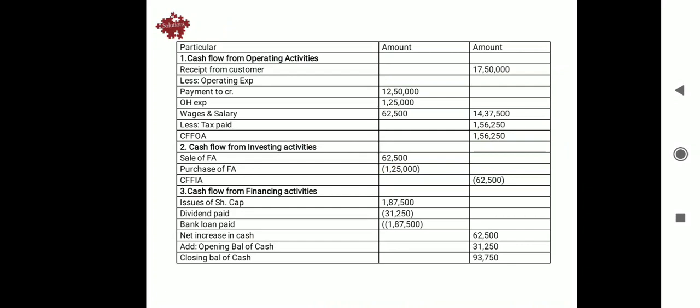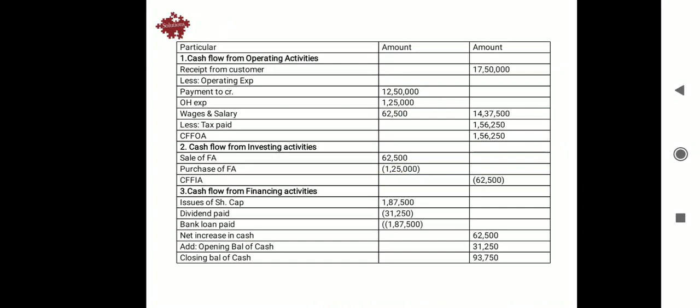Very first we need to calculate cash flow from operating activities, and as I told, we are going for the direct method. As per the information, the main source of cash from operating activities was receipt from customers, which was 17,50,000, written in the outer column.